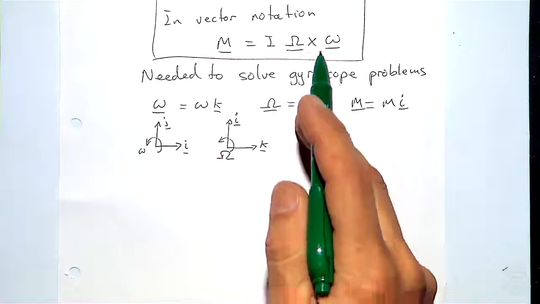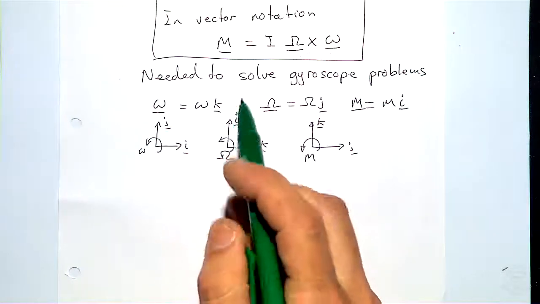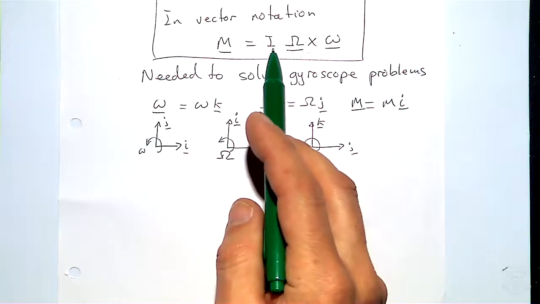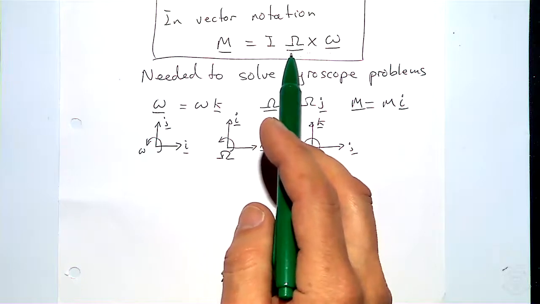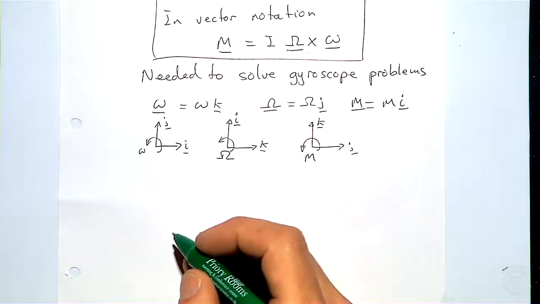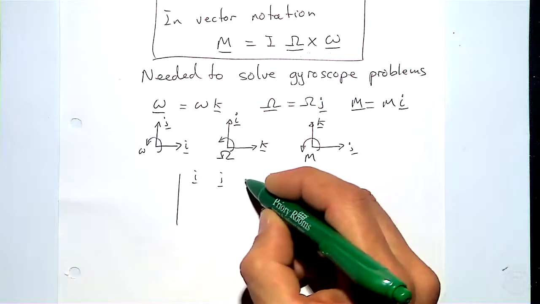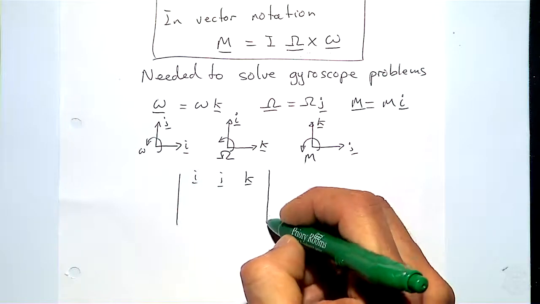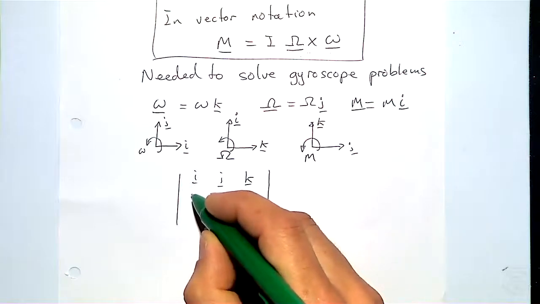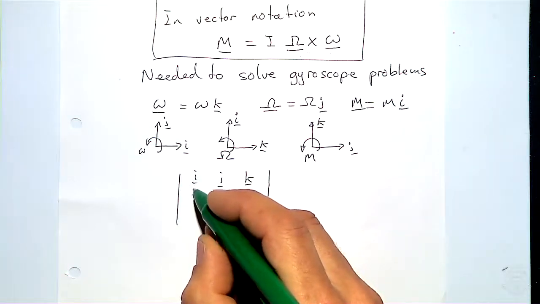So let's just think about this cross product for a moment. So M is equal to a scalar value I times this cross product. So what does this cross product look like? Well, it should look like this.